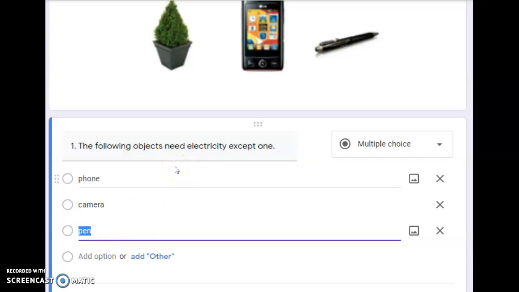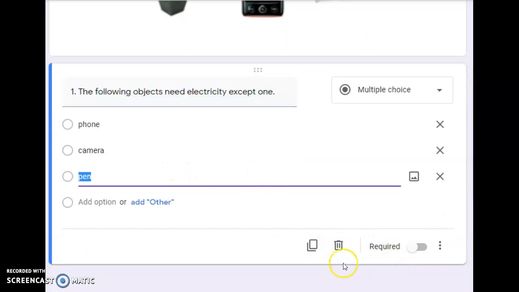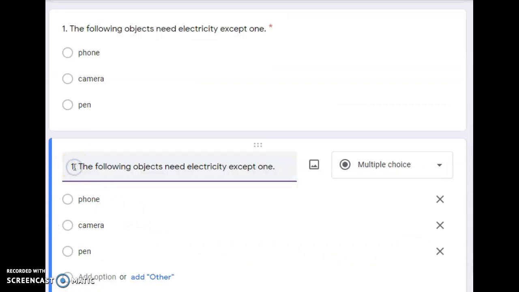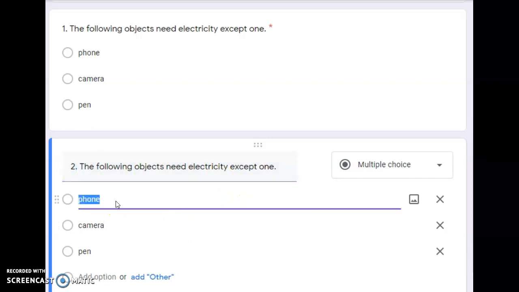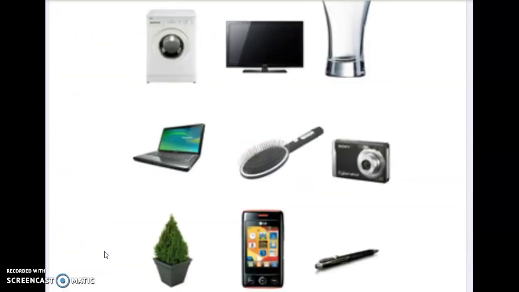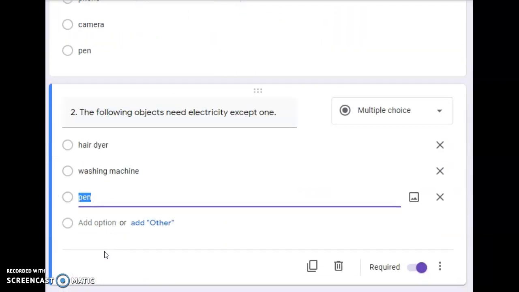Alright, so let's say number 2. Let's say the following objects need electricity except 1. So let's say, for example, hair dryer, and then we have washing machine, and then we have flower or plant.